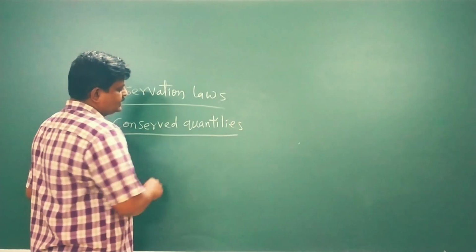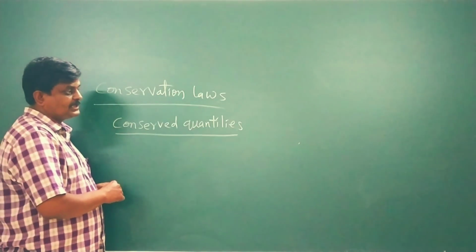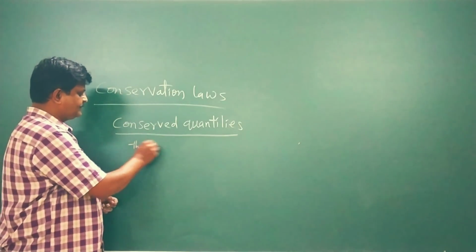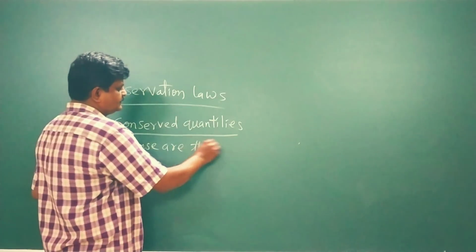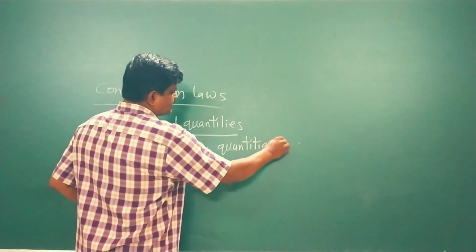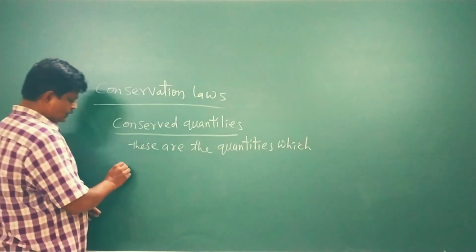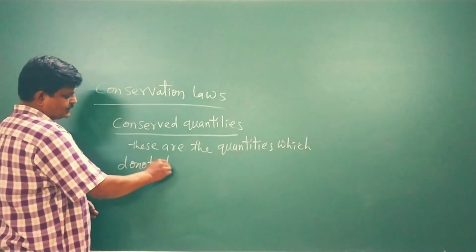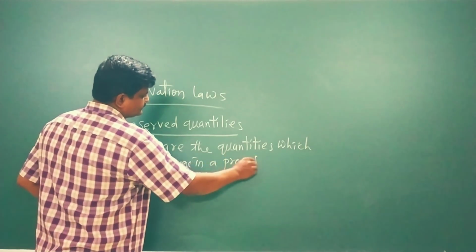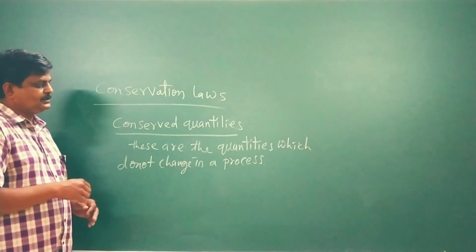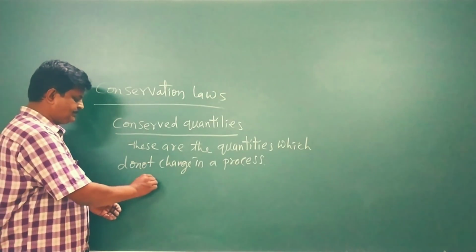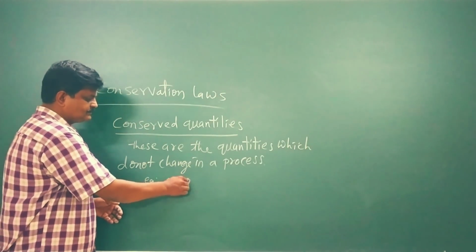Conserved quantities are the quantities which do not change in a process. The examples are energy.